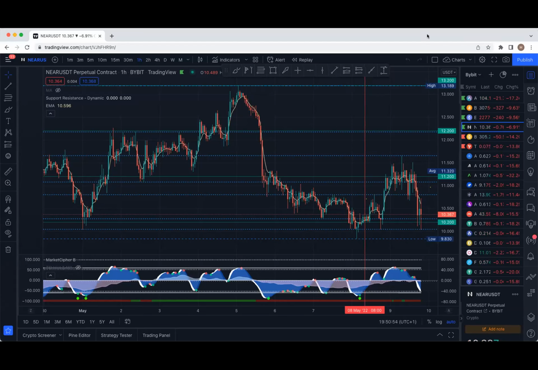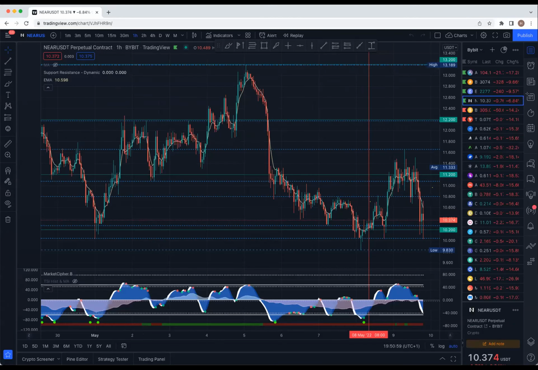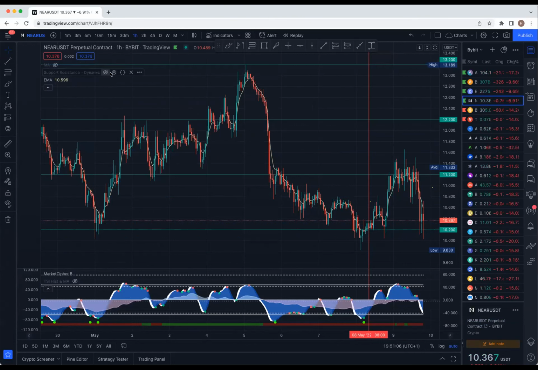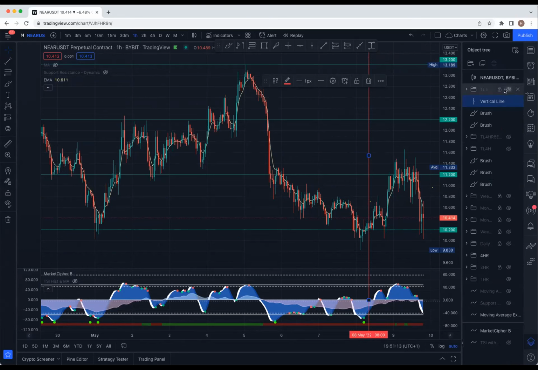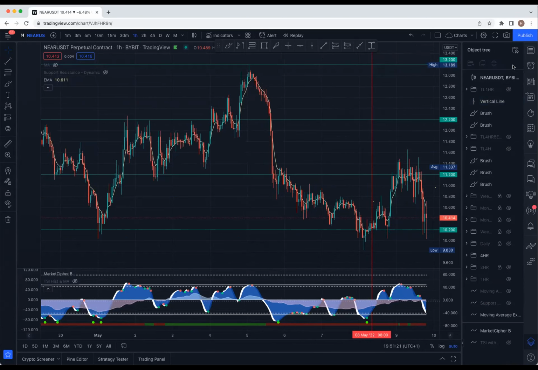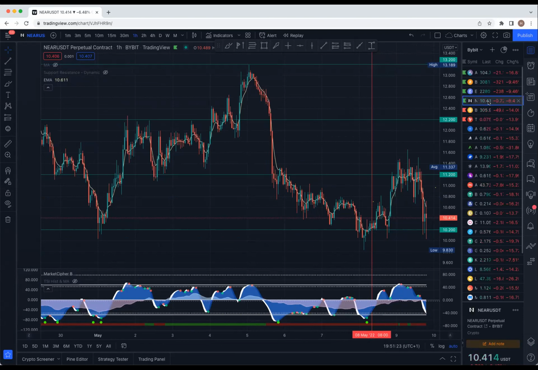Okay, so hopefully you can see my screen now. We are on this coin we call Near Protocol. I'm just going to clear the screen.